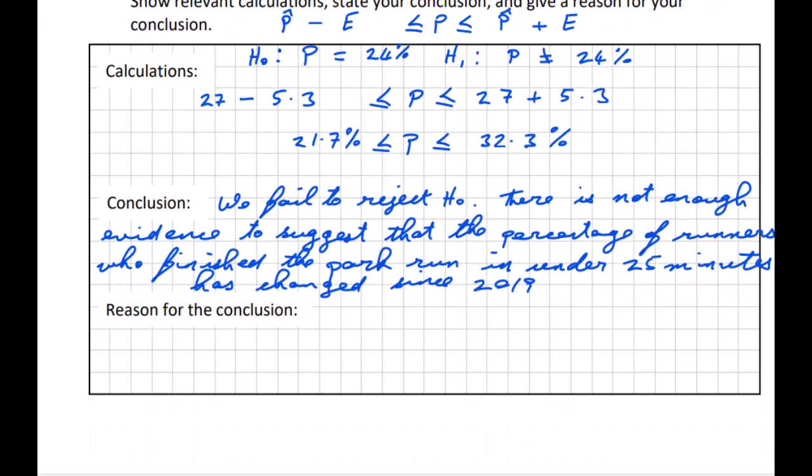The reason for the conclusion then is that 24% is within our confidence interval.